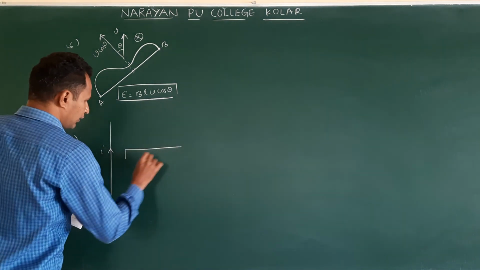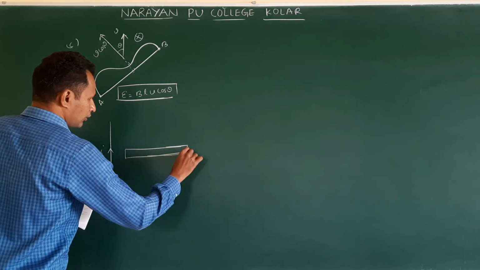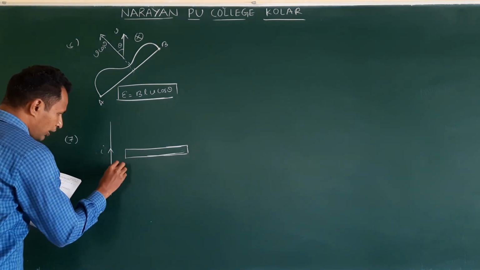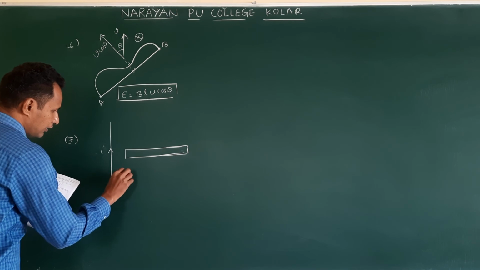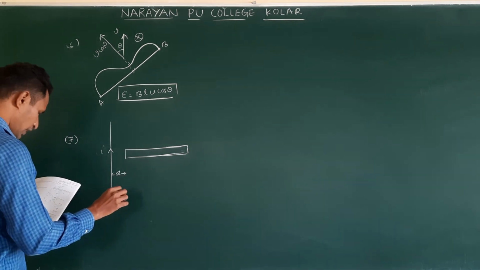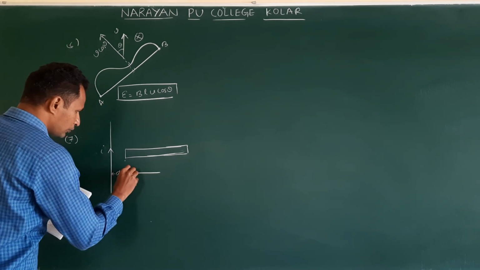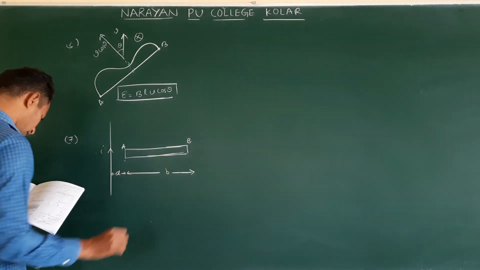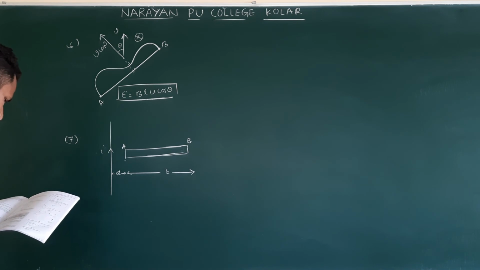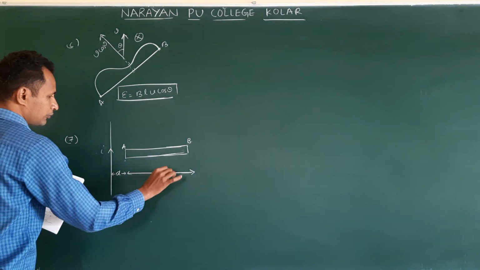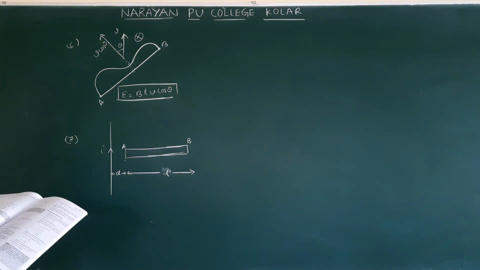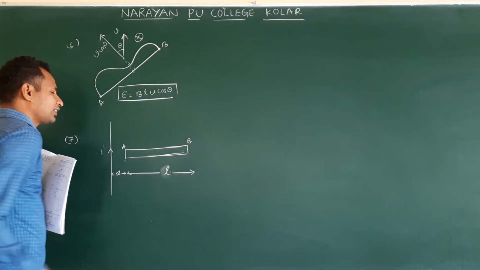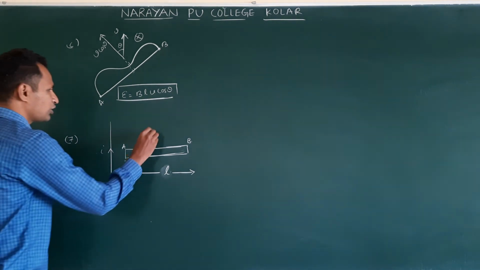Beside it, a rod of length L. From the wire to the starting point, they mention this as A. Next, from here to here, this is A, B. No, they take it as D. Actually, in the formula they take it as L. Okay. Now, how is this rod moving? Moving up.